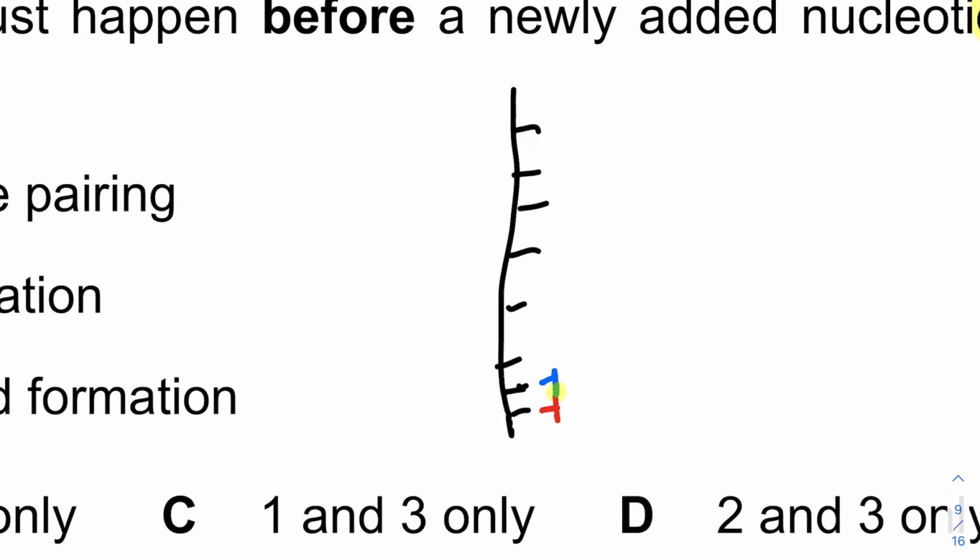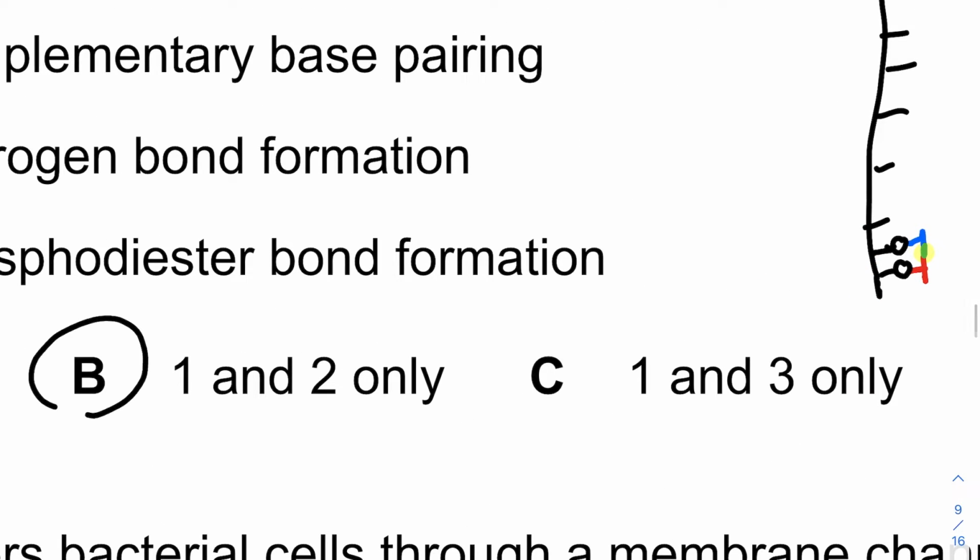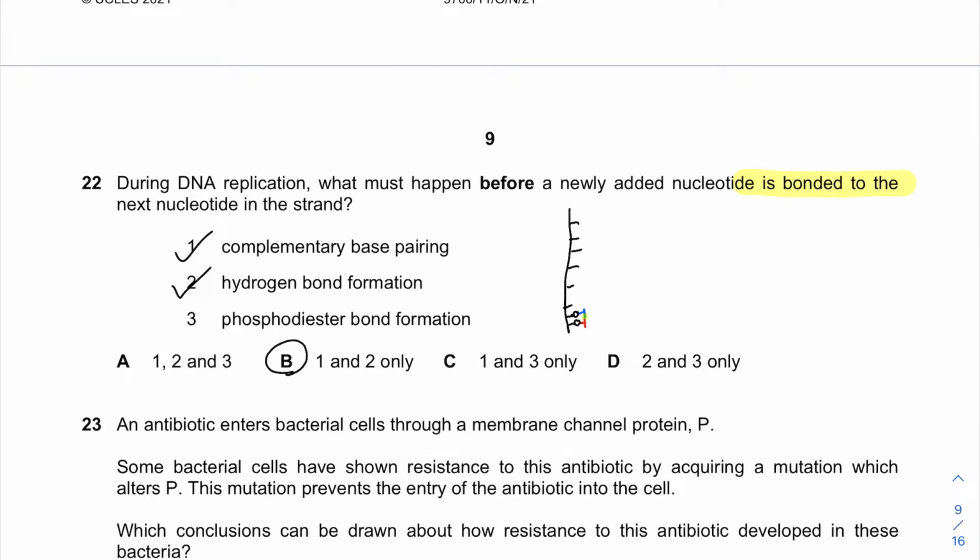So hydrogen bonds between the bases here. So the answer is 1 and 2. Option 3 is incorrect because the phosphodiester bond forms after the molecule is bonded.